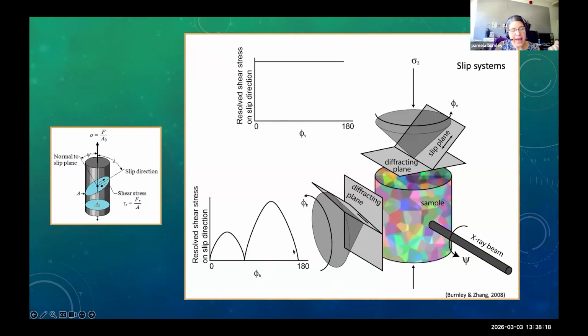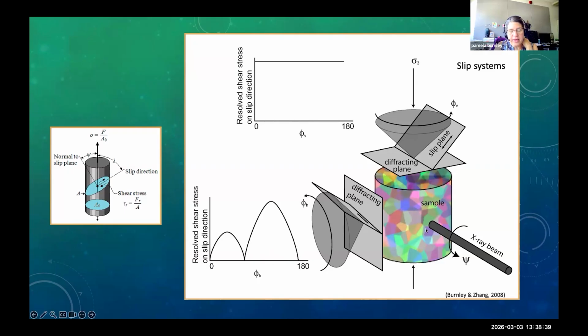And so the averaging that goes into the transverse detectors and all the other detectors around the circle is different than it is for this group of grains that diffract into the detectors where the diffracting plane is perpendicular to the normal stress. So that's really important.